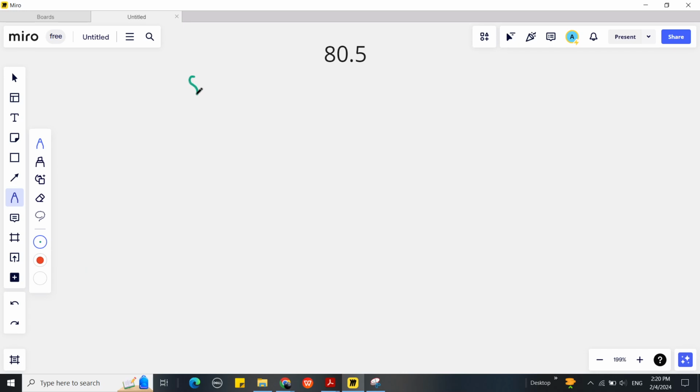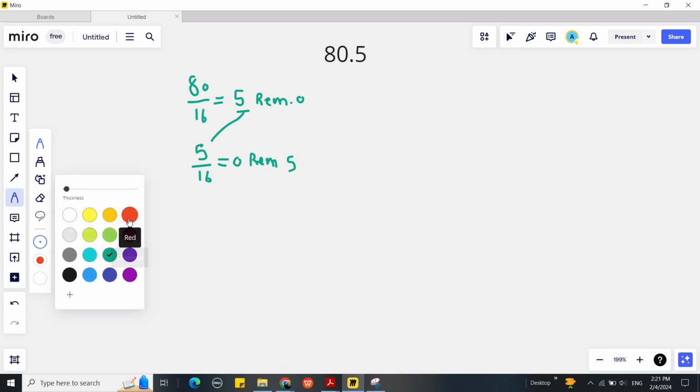So 80 is my decimal number, and I want to change it to hexa, so I'm going to divide it by 16. As I said in the previous video, you take the number divided by 16, and it gives me 5 as the result. The remainder is 0. Next, you take this 5 and divide it again by 16, which gives you 0 as an answer, and the remainder is 5.